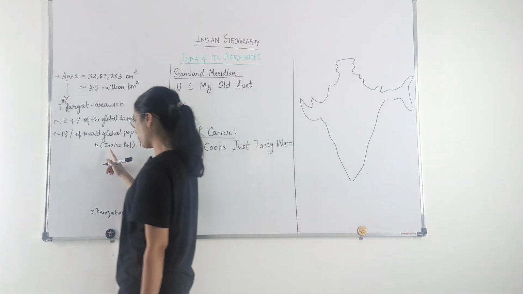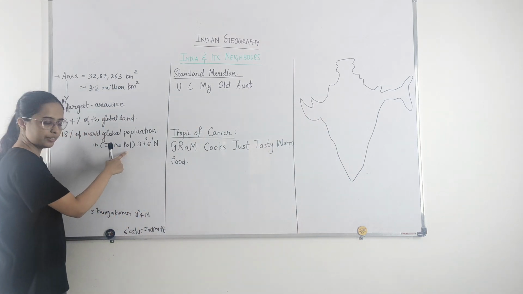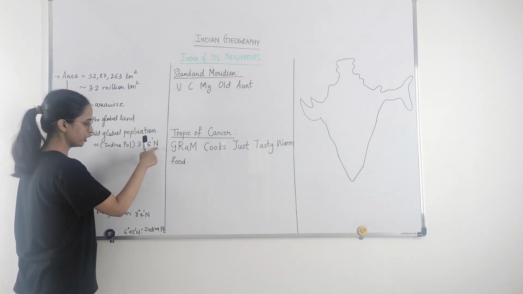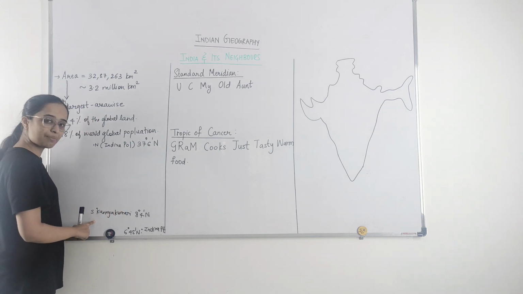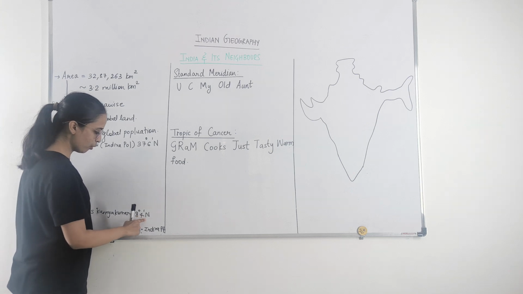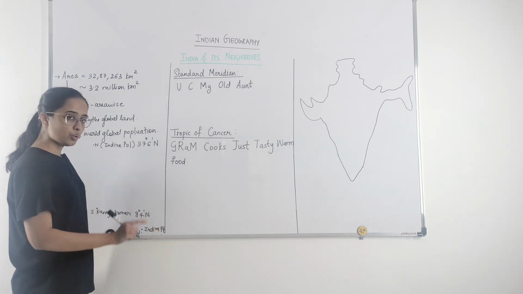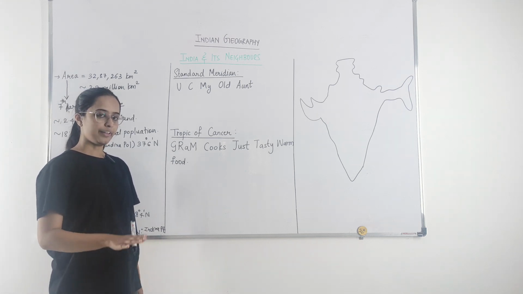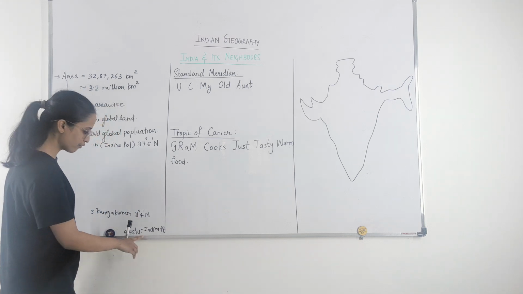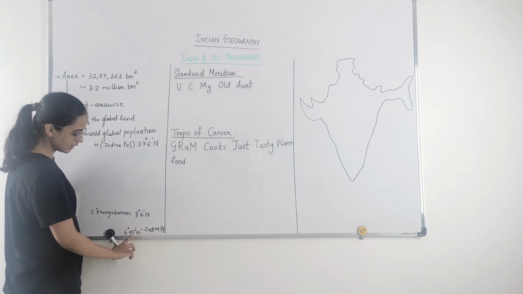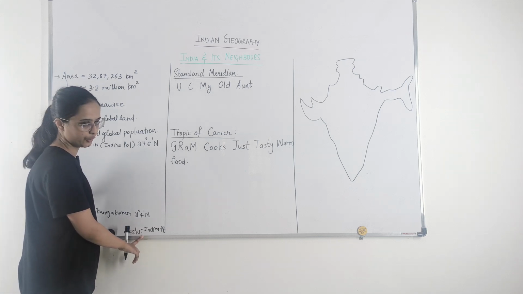So the northernmost point of India is Indira Pole, which is at 32 degree 6 minutes north. The southernmost point of the mainland India is at 8 degree 4 minutes north at Kanyakumari. And if you want the actual southernmost point, considering the islands, we have the Indira point at 6 degree 45 minutes north latitude.